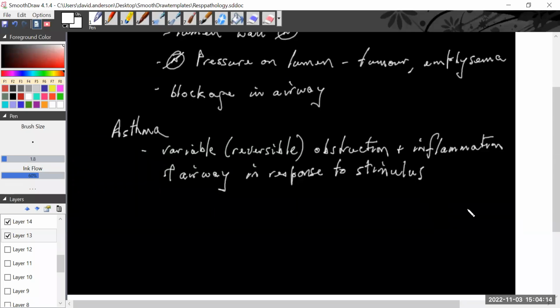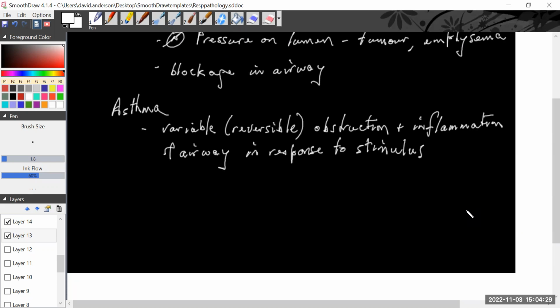Because it's variable and reversible early on, like I say, when asthma is long-standing and the presentations are happening with more frequency, there are some irreversible changes that can develop. But we're talking about typically now, not in extreme scenarios.